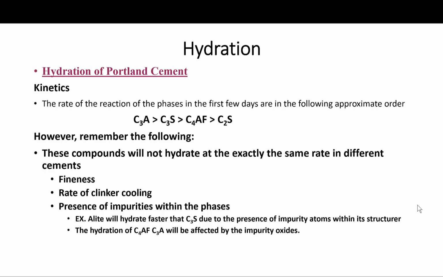If you remember, the C3S in impure condition, we refer to it as the A-lite and the C2S as B-lite. This is because of the impurity atoms contained in the structure of these phases. The hydration of the C3A and the ferrite phases are also affected by the impurity oxides present within them.